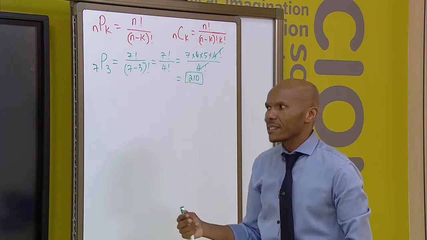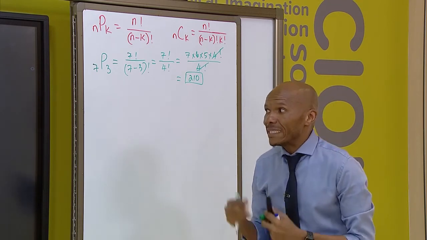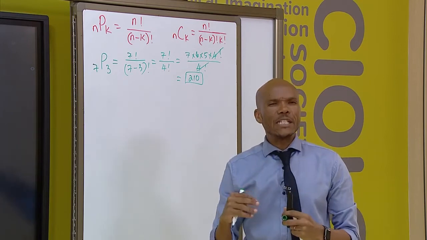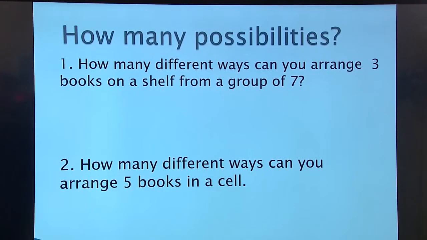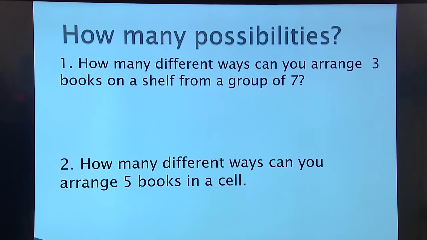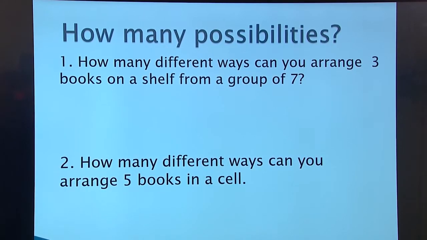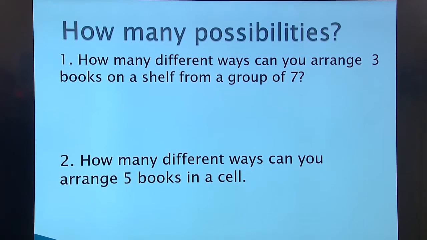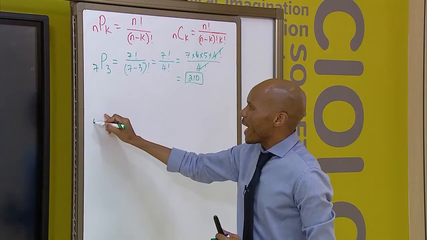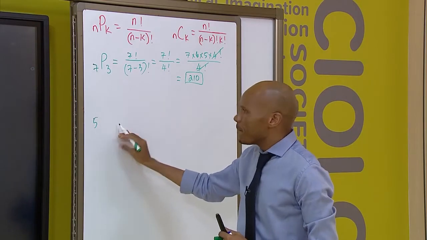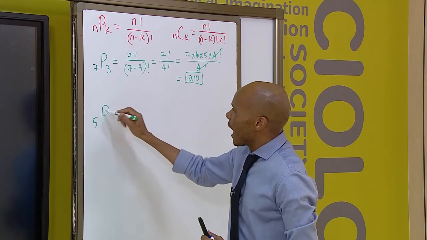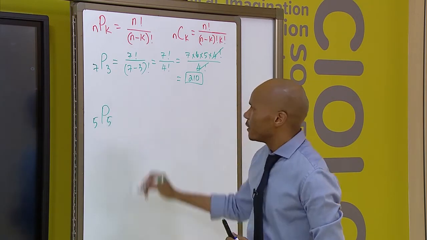The second question says, how many different ways can you arrange 5 books on a shelf? But am I choosing anything? No, I want you to arrange all 5. So I have 5 and I want to pick 5, right?